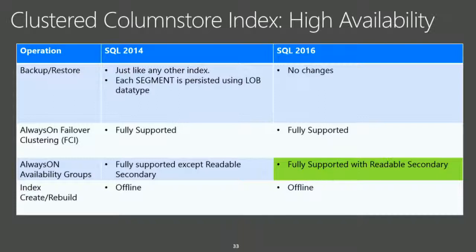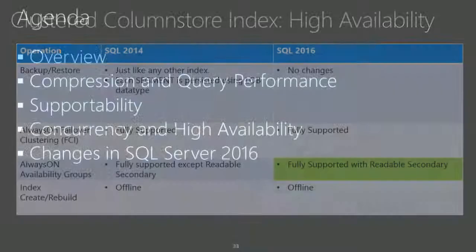This is important because data warehouse has more and more become a mission-critical workload, so people want Always On even for data warehouse. Now you have two nodes that can run your queries, both primary and secondary. It's a huge thing, and in fact that is one scenario we are leveraging for operational analytics.